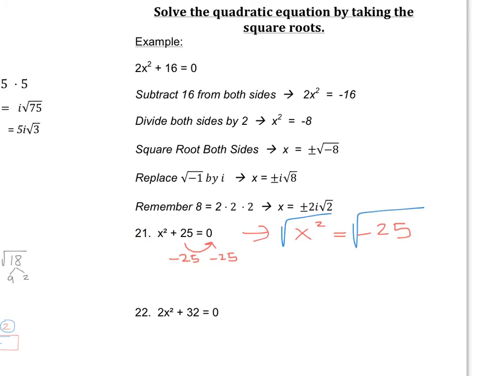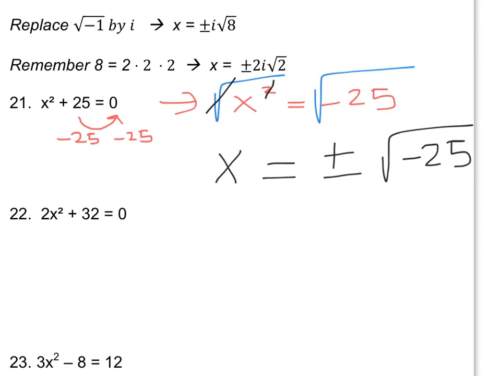Now remember, when you square root x squared, the radical and the square cancel each other, so I end up with x. Since I'm square rooting, the answer will be plus or minus square root of negative 25. Don't forget this step. Okay? So every time you square root, the answer will be plus or minus. Why? We're going to talk about this in a minute.